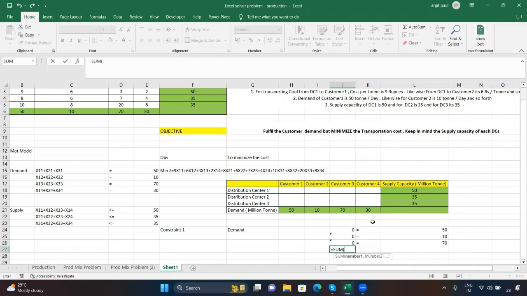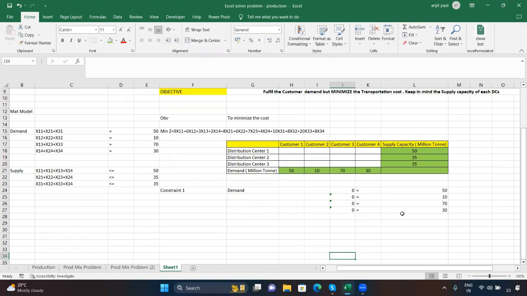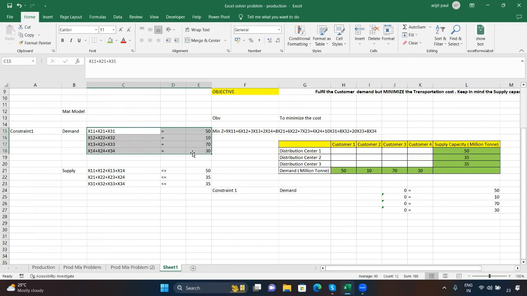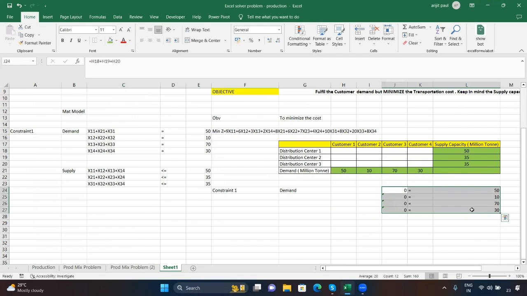For customer 4, thirty. So we have formulated all the demand constraints. So basically we need to fulfill this demand. Okay. For customer 1, 2, 3, 4, you can see we have just changed the mathematical model to formula so that we can solve this problem by using the Excel solver.